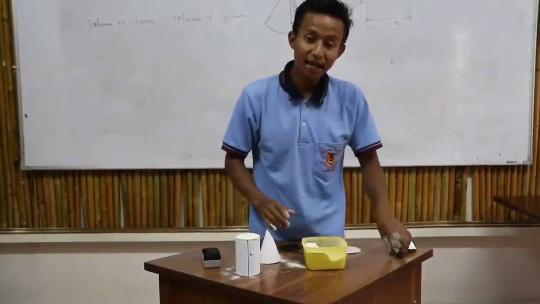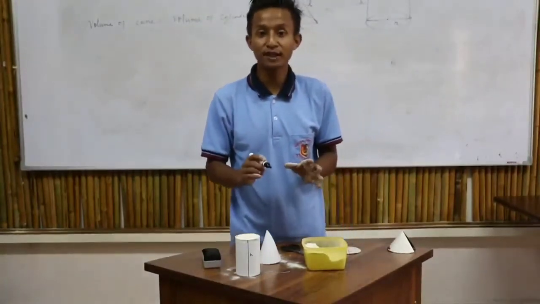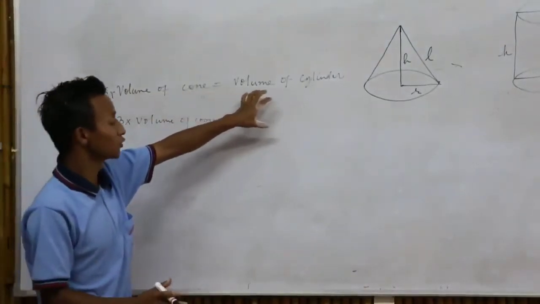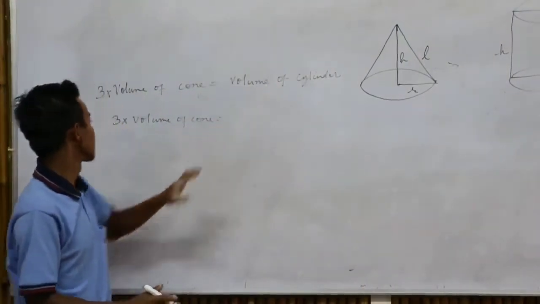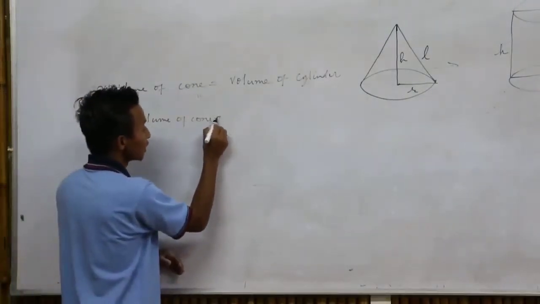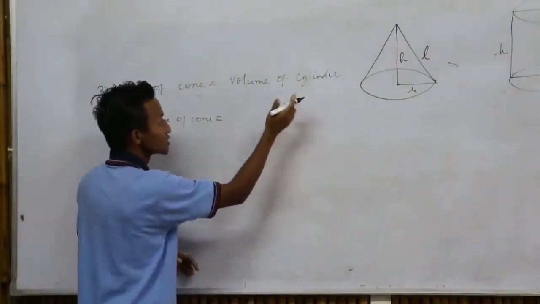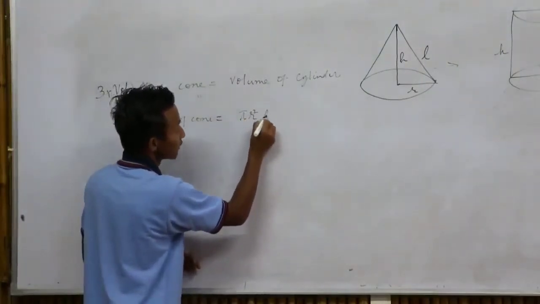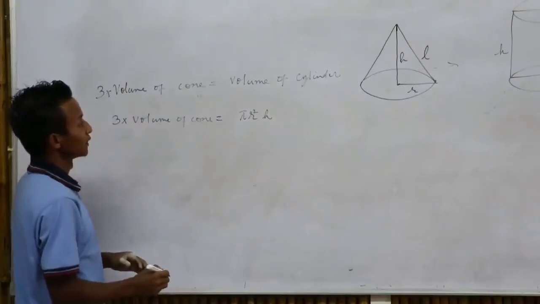So from this activity, we observe that 3 times the volume of a cone is equal to the volume of one cylinder. Now the volume of a cylinder is known to us, and that is pi r square h, right?